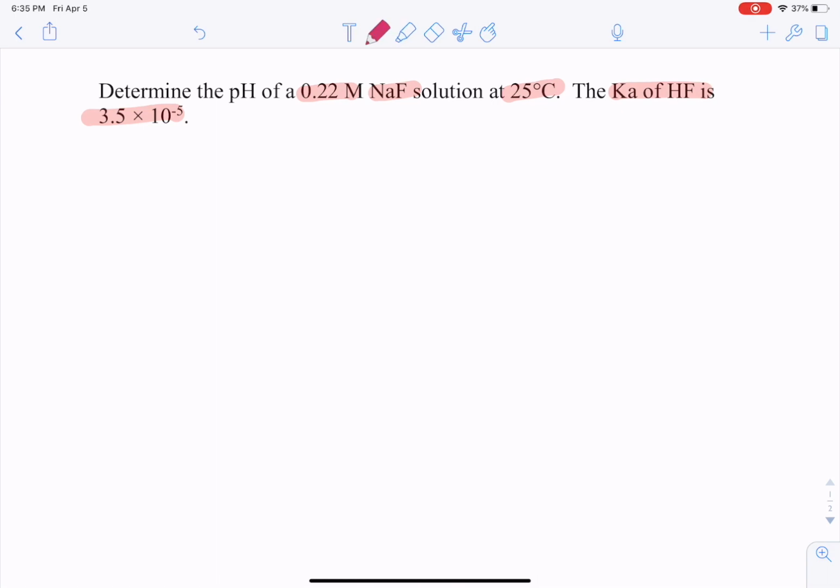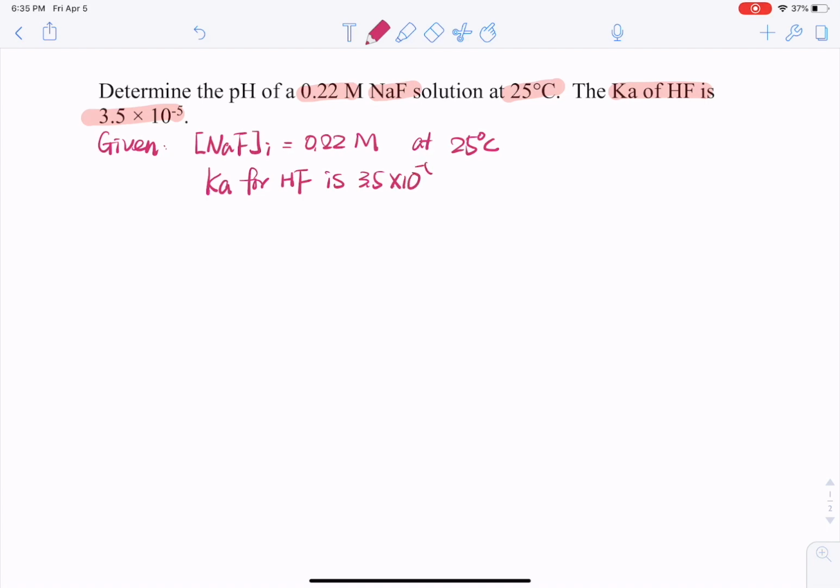Always, I would like to have everything listed out. So the given information is the concentration of this salt solution, 0.22, at 25 degrees Celsius, and the Ka for HF is 3.5 times 10 to the negative 5.